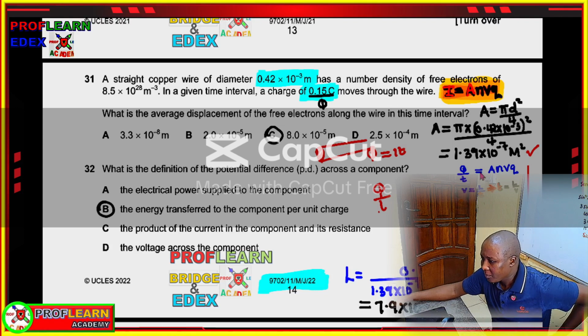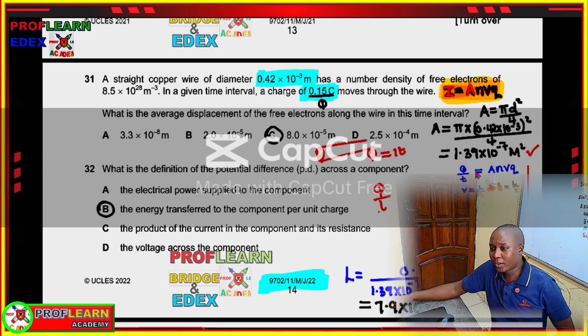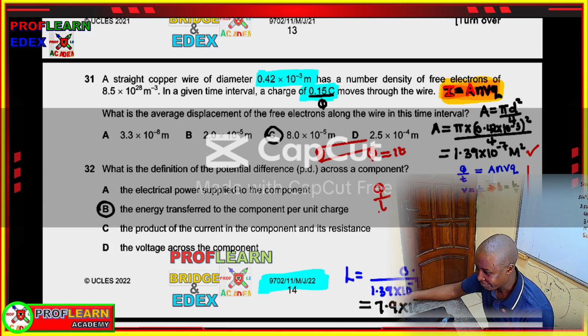Then do you remember velocity is displacement over time? Also, do you remember that? From there we can make T the subject of the formula, and our T is going to be L over V. So charge, from this formula, we can now say charge is equal to L over V, times area times charge density times velocity or speed of the charge carriers, Q.